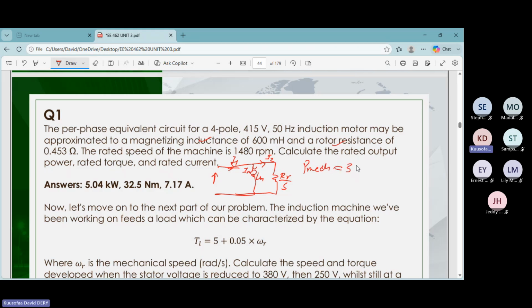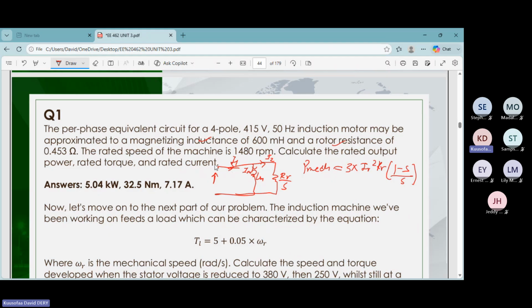It's going to be 3 times IR squared RR into (1 minus S) over S. Remember seeing this: we multiply this phase by 3 to get the three-phase value. So from this relationship, we need IR and we need slip. We need to calculate these two values and then substitute.